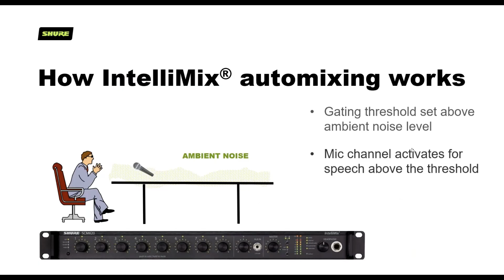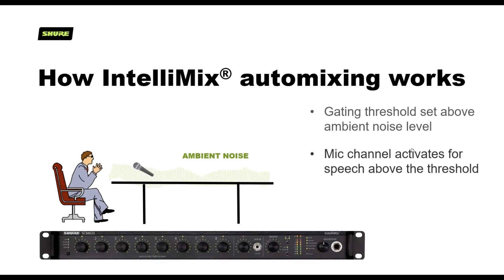And why is that? Well, first of all, we have to take a look at how automatic mixing works using the Shure IntelliMix algorithm as the example here, because, hey, it's a Shure webinar, so we're going to talk about our own automatic mixers. The way our IntelliMix automatic mixing works is based off something called an automatic noise adaptive threshold. Essentially, the mixers on a per channel basis are able to listen to the ambient noise level in the room and automatically adjust their gating threshold per microphone.